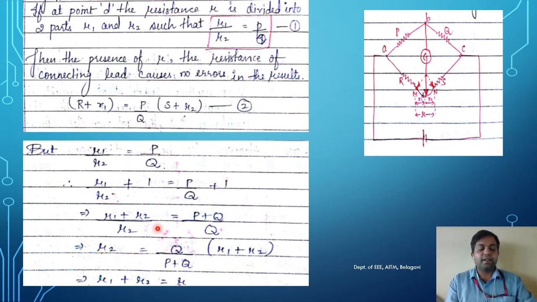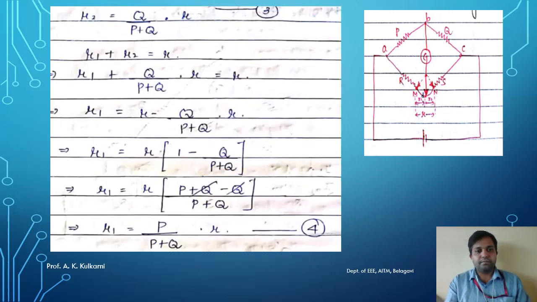It will be the reciprocal over here, so this entire term will be reciprocal. Q divided by P plus Q into this entire term r1 plus r2. As we know, from this given circuit diagram, r1 plus r2 is nothing but the total lead resistance r. Now let us see what further simplification can be done.